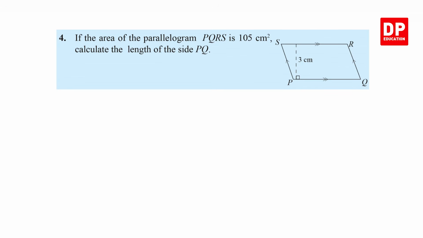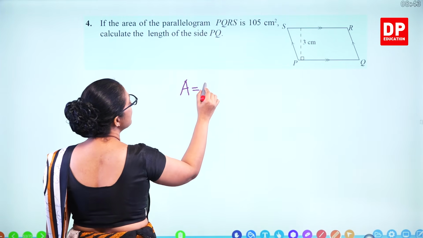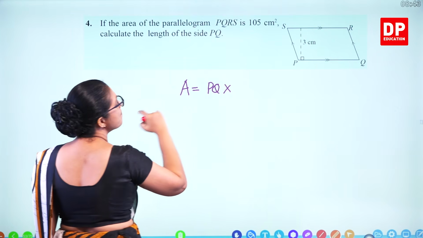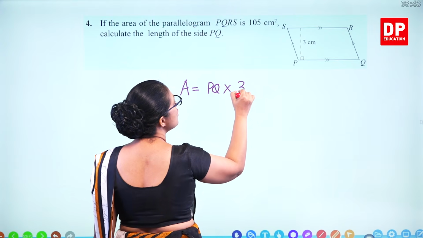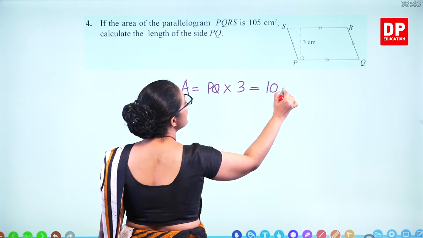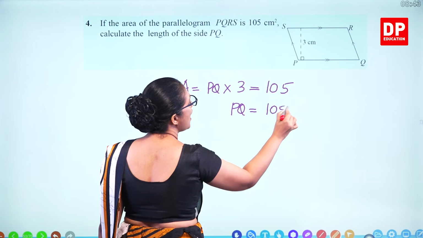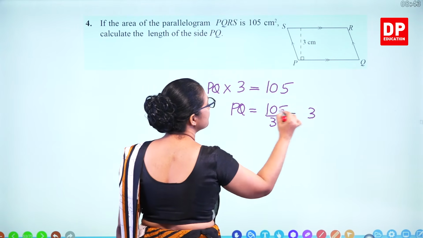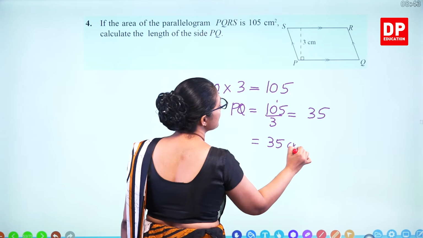If the area of the parallelogram PQRS is 105 square centimeters, calculate the length of side PQ. So area is equal to PQ times, PQ is the base, into 3 is the area. That's given 105. So what's the PQ length? 105 divided by 3. 35 centimeters.